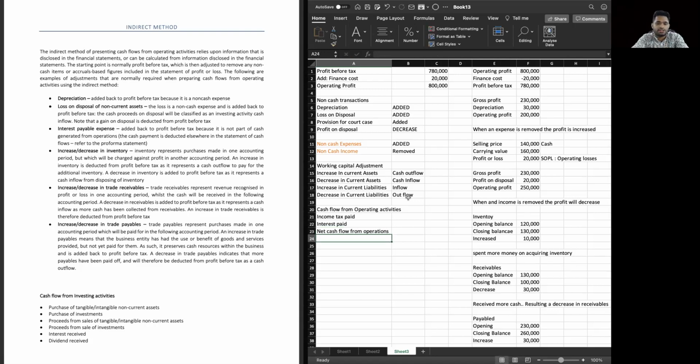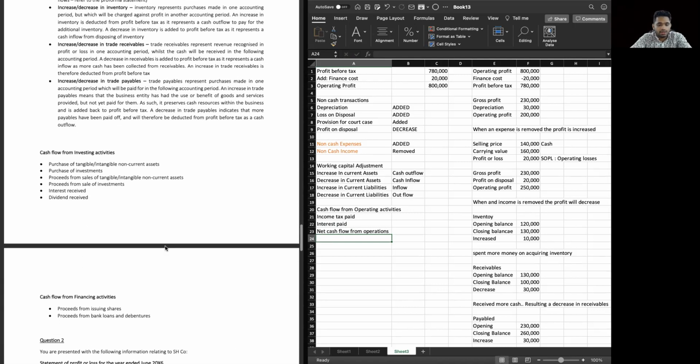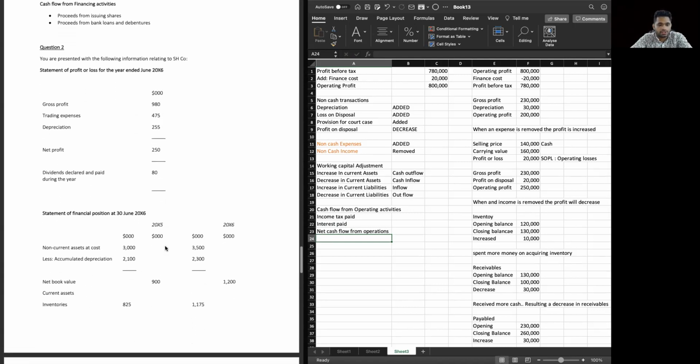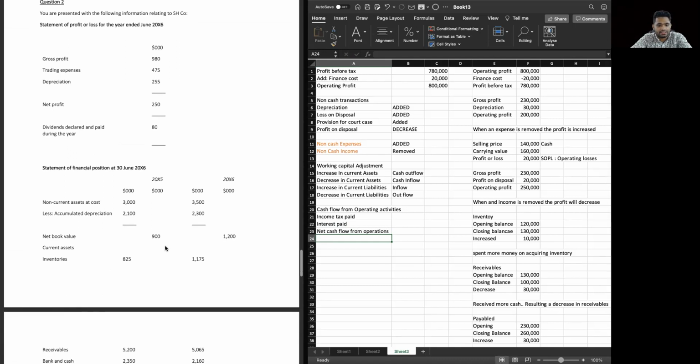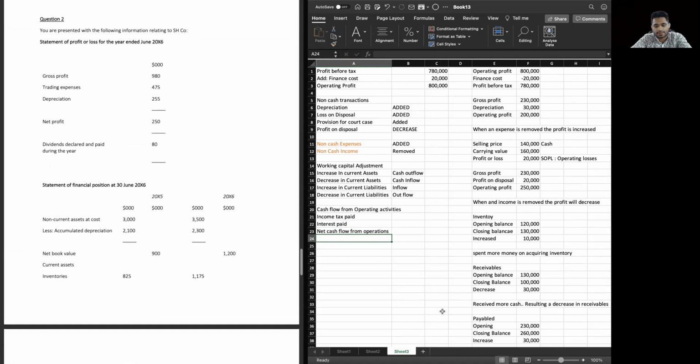So this is going to be the calculation of your operating cash flows using the indirect method. So we'll look into a question and learn about this.